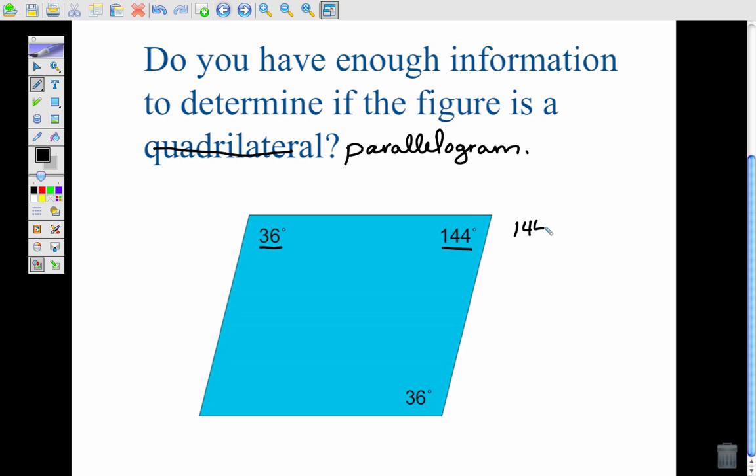So 136 plus 44 is 180. And if I go down, consecutive angles again are also 180. So yes, this is also a parallelogram.